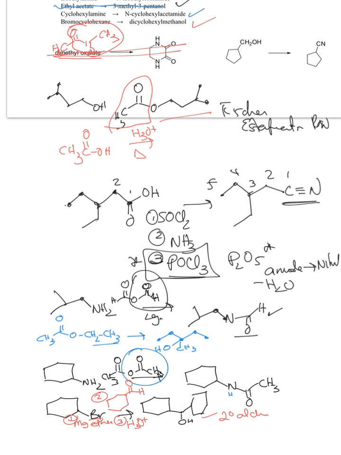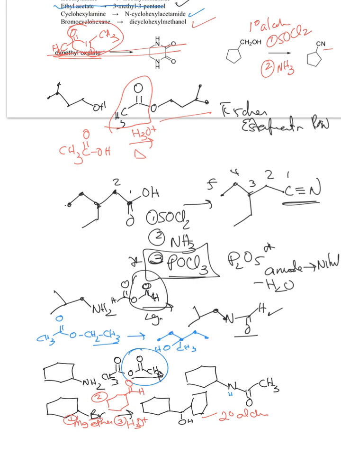Okay, and this one here, you just want to convert the primary alcohol to a nitrile. So the best thing to do is to just react that with vinyl chloride, and then you can react that with NH3.